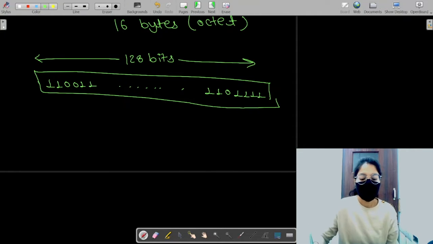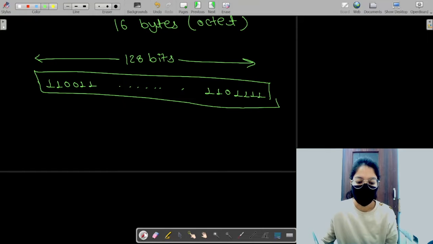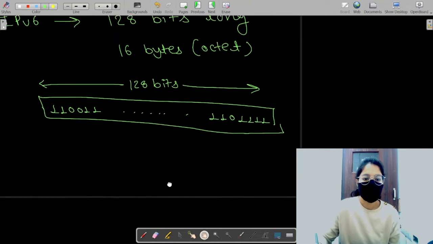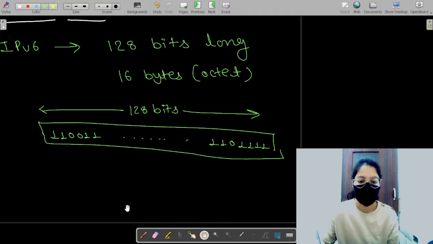So IPv6 is 128 bits long, and it has 16 bytes, or octets. Already we have seen IPv4 has only 4 bytes, 4 octets, we can say. IPv6 is too long.